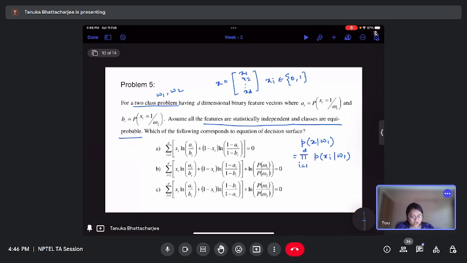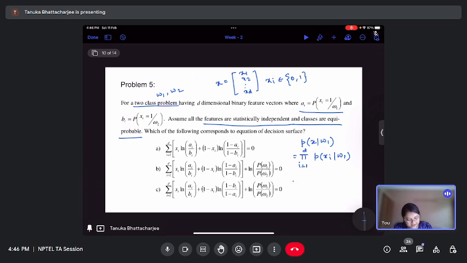Now, how will you write probability of xi given omega 1? You have been given that the probability of xi equal to 1 given class omega 1 is ai. The value of xi can take only two values, 1 and 0. When it is 1, the probability is ai. When it is 0, the probability will be 1 minus ai.